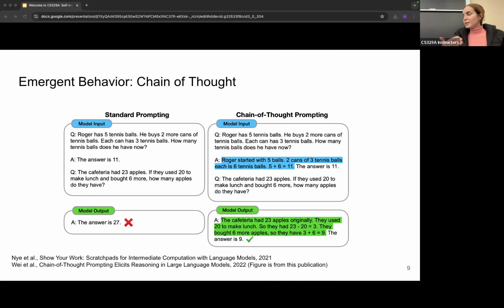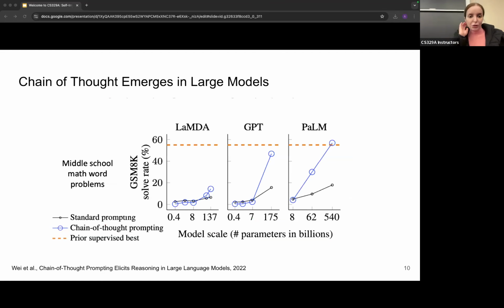This on its own is very useful for making the model know how to break down a problem and walk through the reasoning steps to answer a question. And interestingly, this chain of thought property, the ability of the model to learn from chain of thought, appeared more and more in larger models with larger parameter sizes, as you can see here in models like LaMDA, GPT, and PaLM.